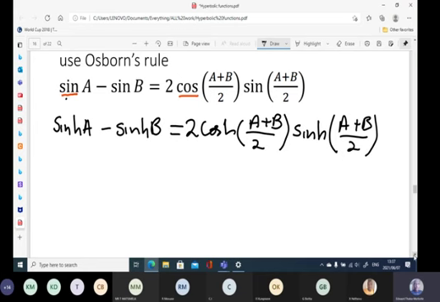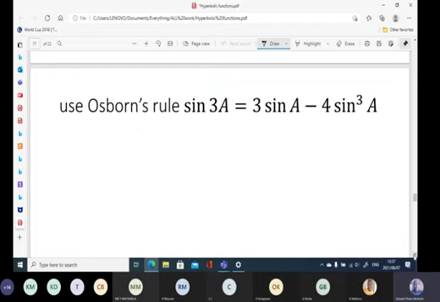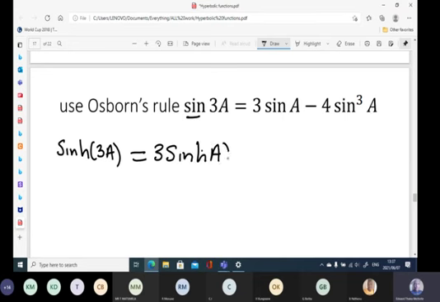Then I'm going to move to the next one. Now this one here, we have sine, so sine will be replaced by sinh. So it's going to be sinh 3A equals 3 sinh A plus.